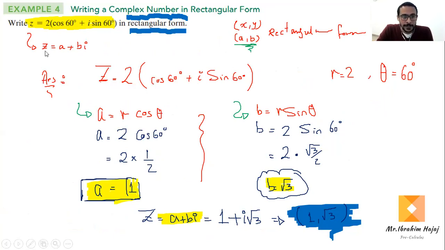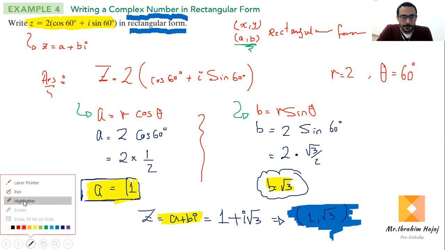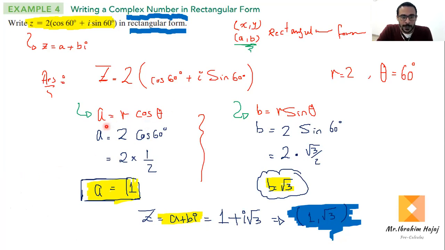Well, you know, the complex number z should be a plus bi. And we know also that a and b are the same as x and y in rectangular form. So if you find, guys, a and b by using this formula, a equals r cosine theta, and r here is 2, and cosine of the angle 60 gives 1 over 2.